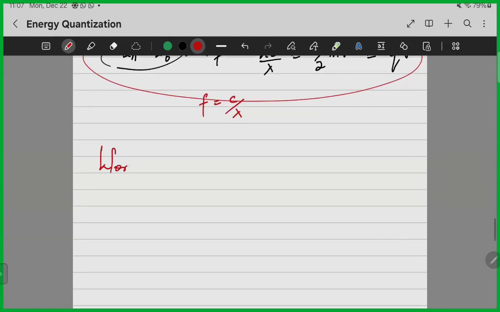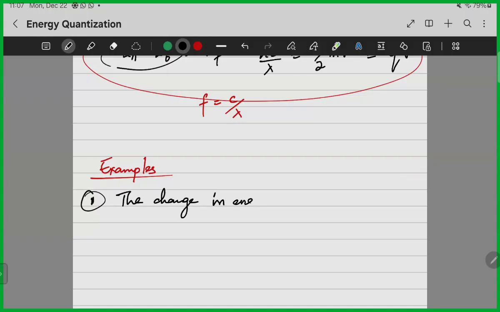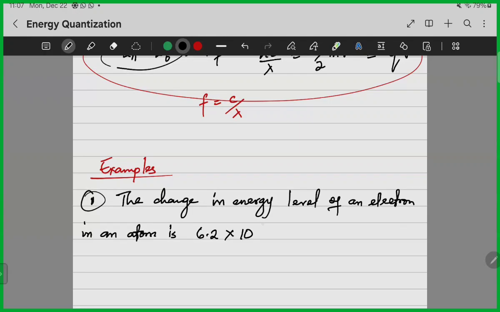Worked examples, or let's say examples. We're going to work it together. Example 1: the change in energy level of an electron in an atom is 6.2 times 10 raised to minus 21 joule.